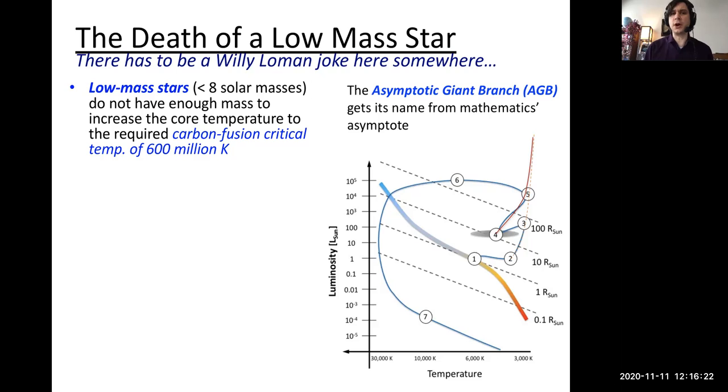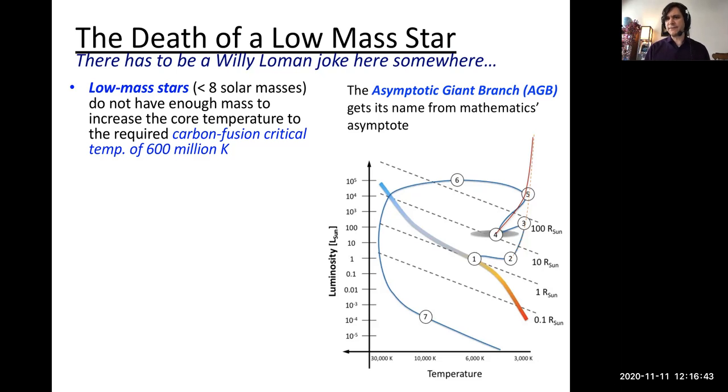You can fuse carbon and oxygen into heavier elements, but to kick off the next stage of fusion, the next level of fusion, the next one would be carbon fusion into heavier elements, and that has an ignition temperature of 600 million Kelvin. Stars less than 8 solar masses will never have core temperatures that high.